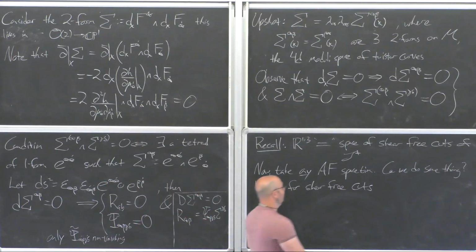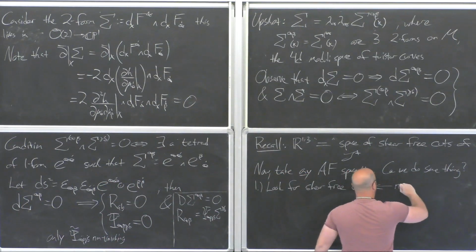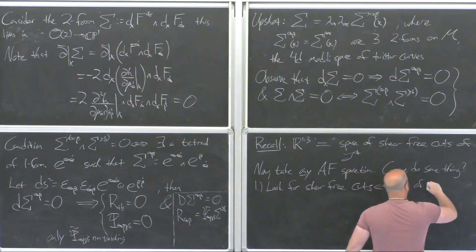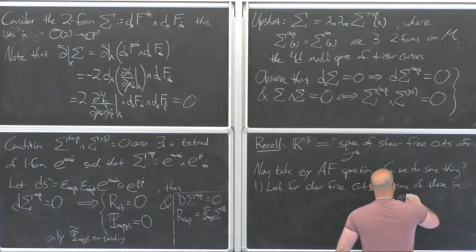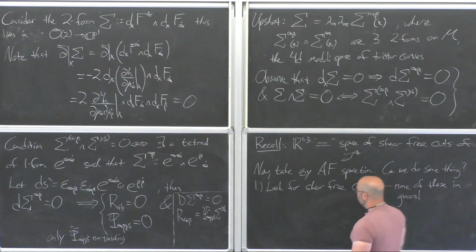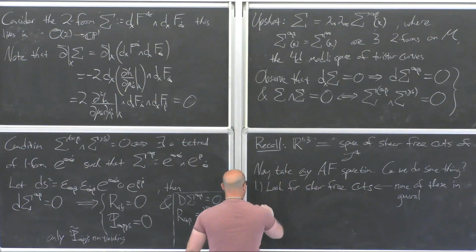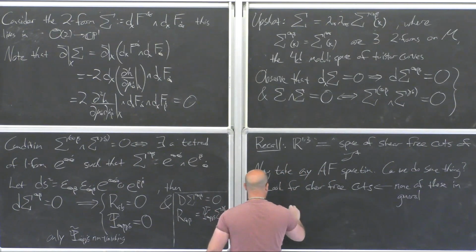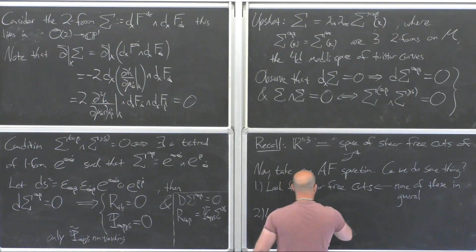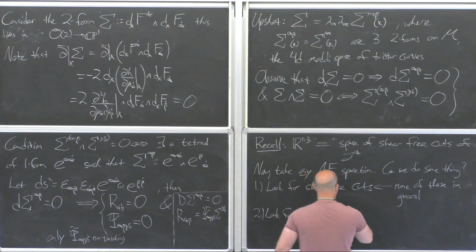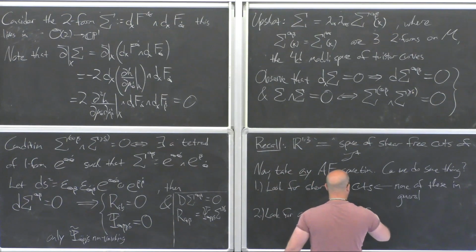So none of these, in general. So then the next best thing you could do is look for null geodesic congruences which are asymptotically shear-free.